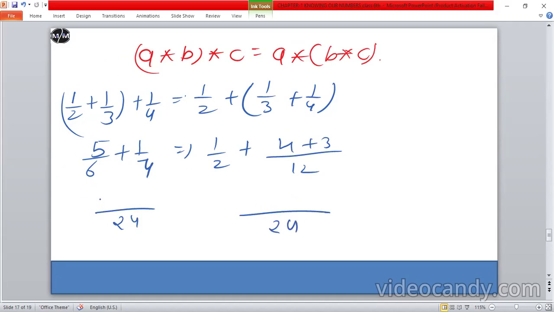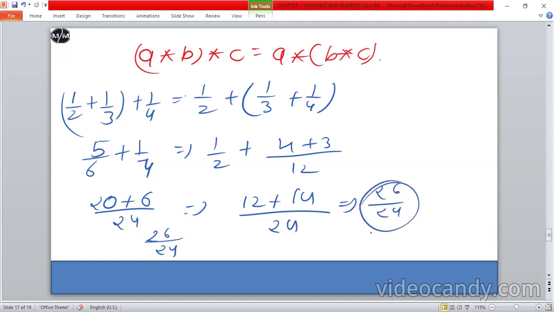Here 20 plus 6 is 26 by 24, and here 12 plus 14 is also 26 by 24. Now the results are the same.